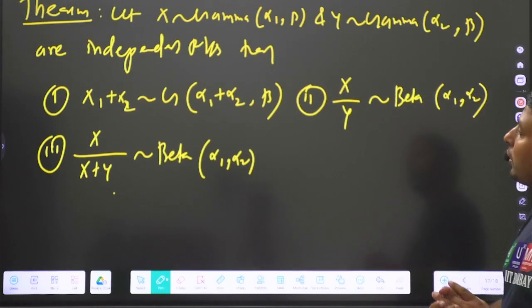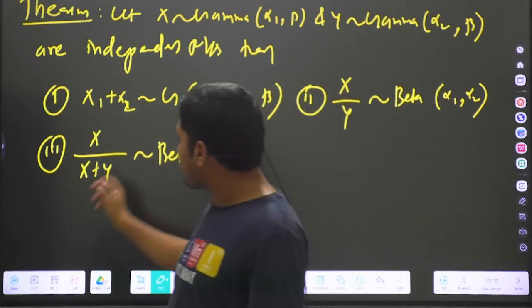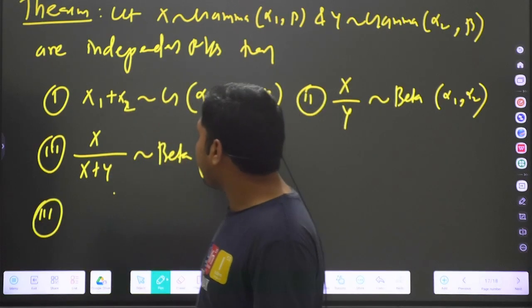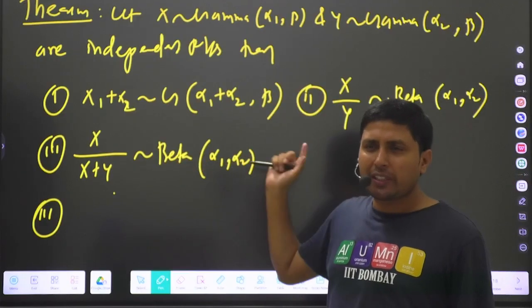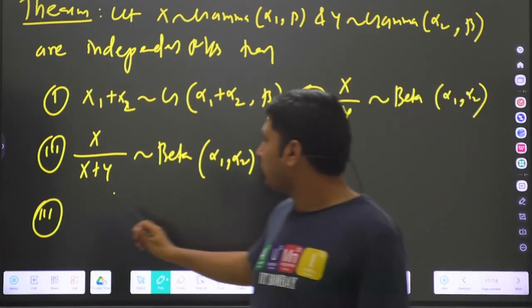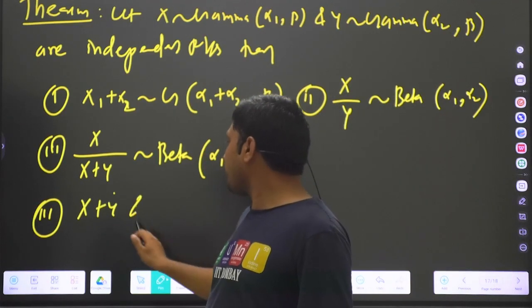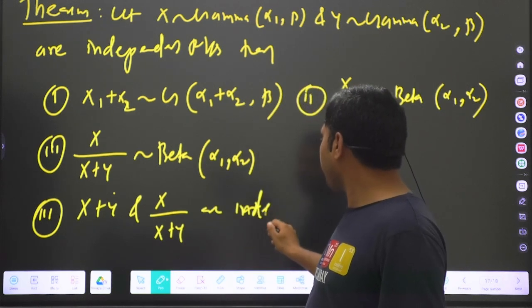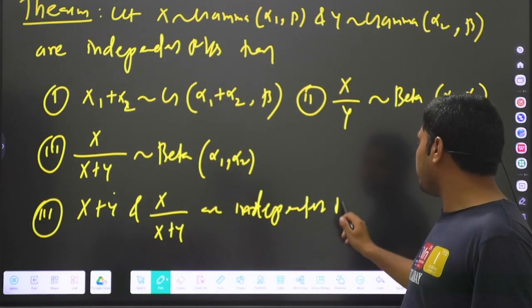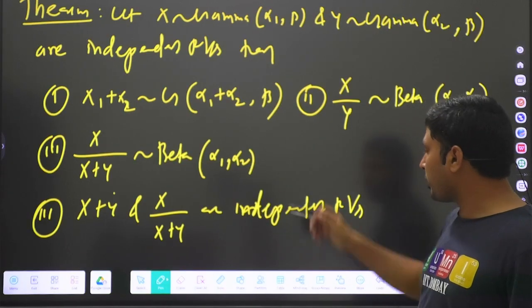So tell me which are these. I'm writing just now, they are not the same beta, they are different beta. The idea is X plus Y and X upon X plus Y are independent random variables. That will be used there.